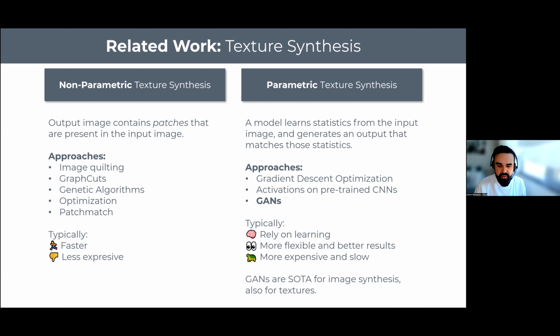These algorithms typically rely on learning and are more flexible and more general and obtain better results, but they're way slower than non-parametric synthesis algorithms. In this family, you have GANs, which are also state-of-the-art for image synthesis for faces and people and landscapes, for example, and they are also state-of-the-art for texture synthesis.